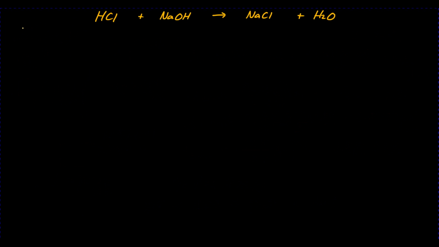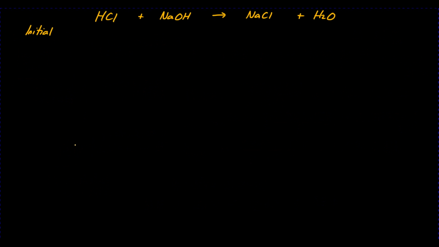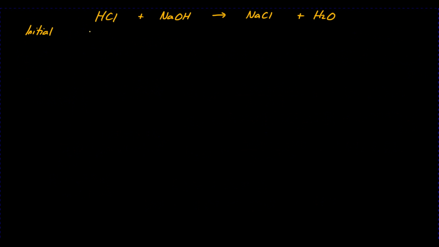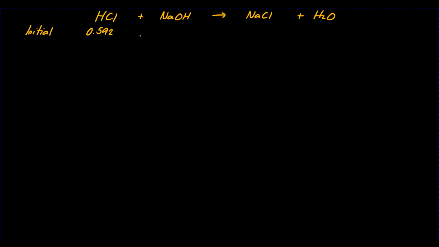This is the reaction summary. Initially we have a particular concentration of the acid and the base. That initial amount is the concentration once they're placed in the third container. So for HCl it is 0.592, and for NaOH it is 0.632.